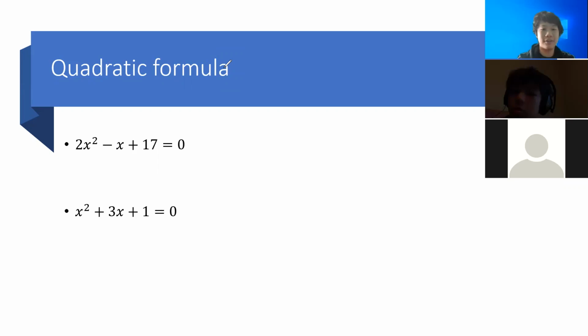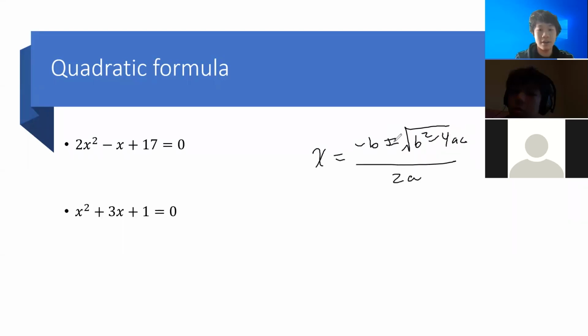And the quadratic formula is like this. X will equal negative b plus or minus the square root of b squared minus 4ac all over 2a. Okay, so this is in the form ax squared plus bx plus c. And you just plug these numbers into this formula and you get your answer.